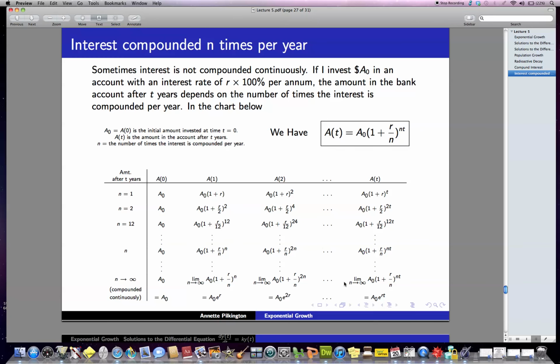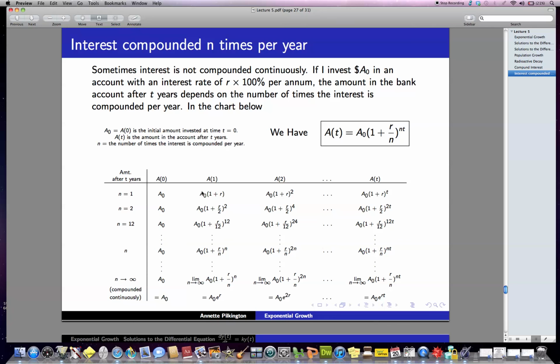So we have a bunch of formulas depending on the value of r, depending on the number of times the interest rate is compounded per annum, and depending on the initial amount. So if I put A0 dollars into an account for 1 year with an interest rate of r times 100% per year, then after 1 year I get r times A0 added to my initial principal A0, so I have A0 times 1 plus r dollars in my account.